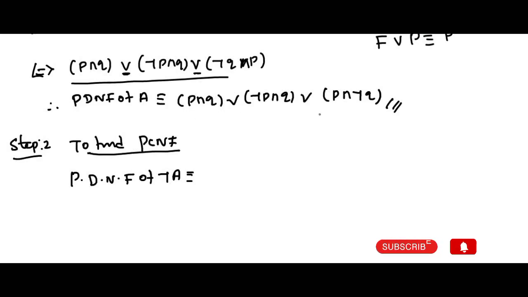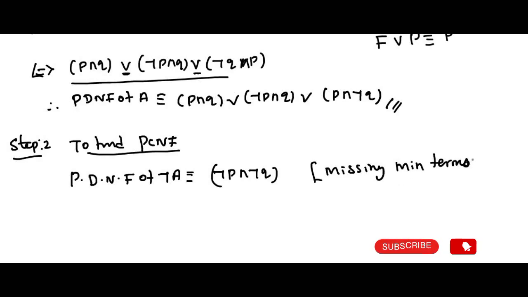One min term is missing. What is the missing min term? Negation P and negation Q. This term only is missing. So we write the missing min terms of the PDNF of A.